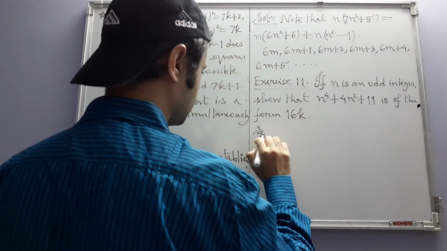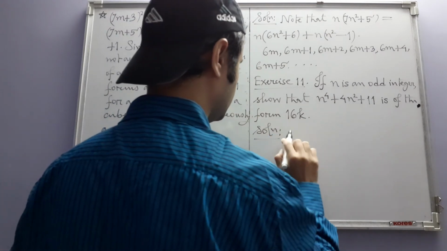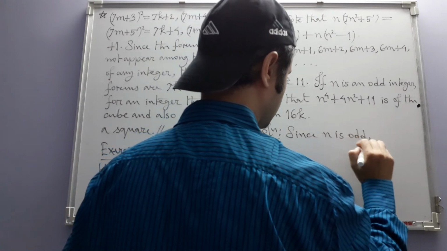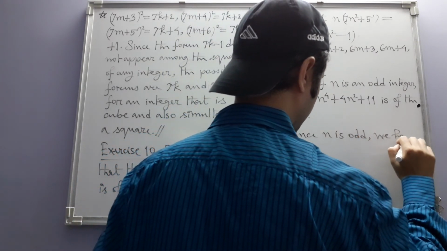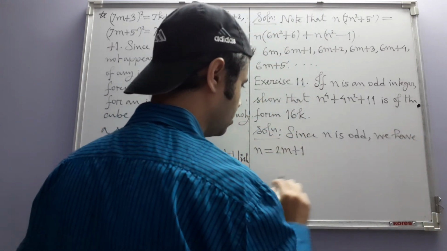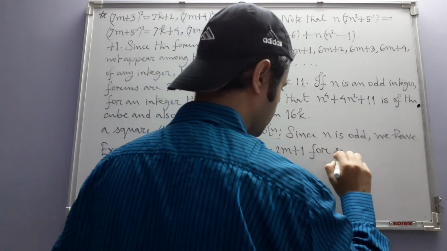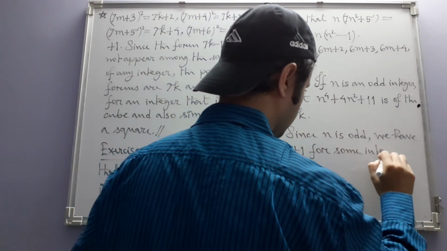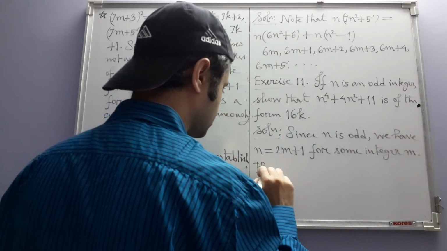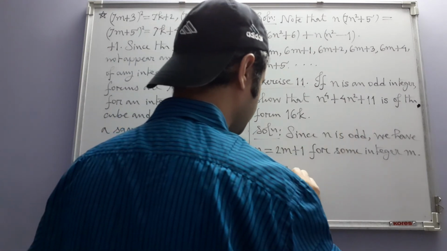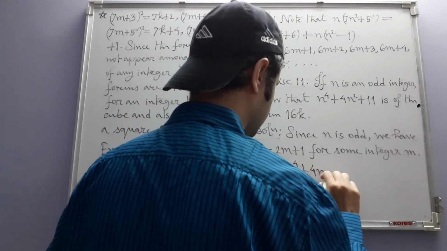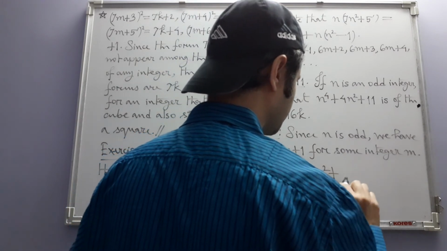Okay, since n is odd, we have n equal to 2m plus 1 for some integer m. Thus, we now just have to do the calculation and conclude that yes, it's of that form. It's divisible by 16.